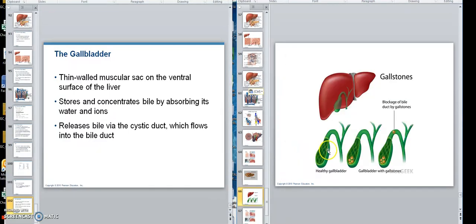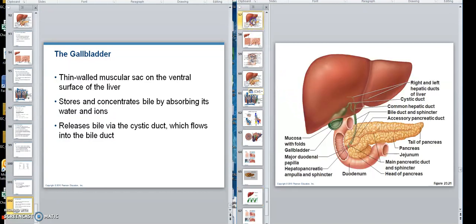Sometimes those gallstones can get trapped and block the cystic duct, or they could get trapped and block the common bile duct. Or they could go into the pancreas and give you pancreatitis. It depends on how many there are and what size. So they could block anywhere. It doesn't have to be just at the cystic duct. It could be further down.